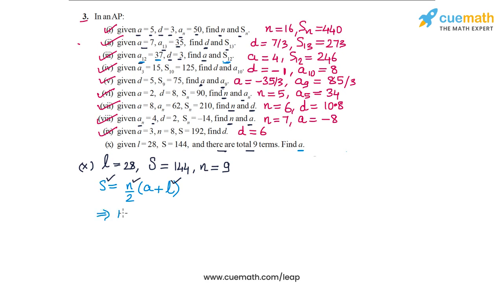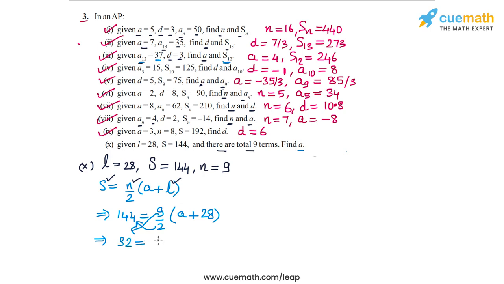So let's do that. 144, which is S, is equal to n by 2 or 9 by 2 times a plus L. L is equal to 28. So let's cross multiply 2 with 144 and divide by 9. So we will get 144 by 9, that's 16. 16 into 2 is 32.